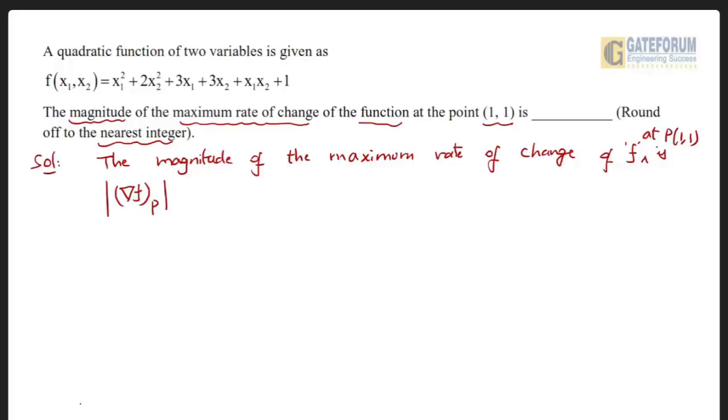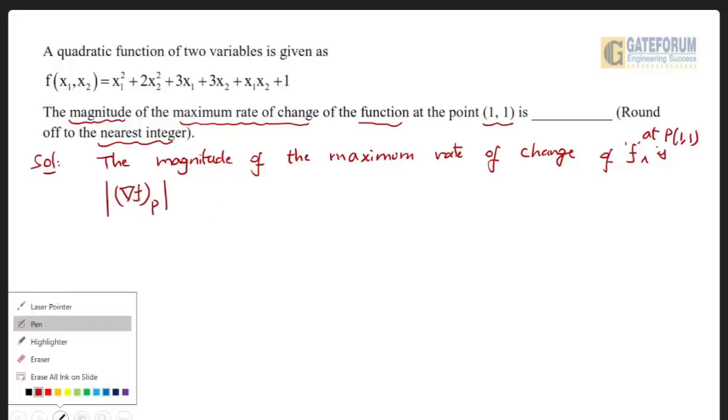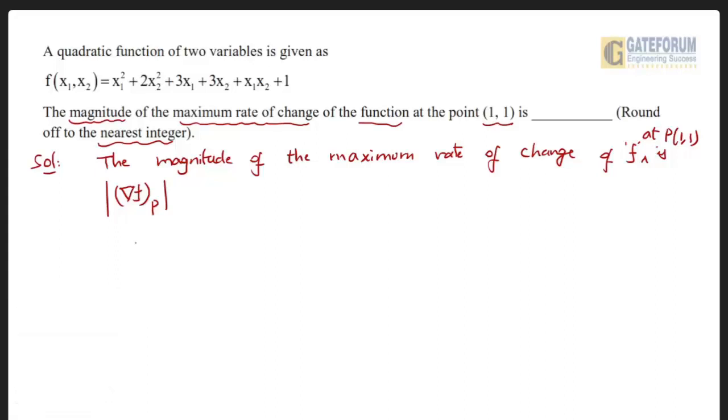Now see, f is a function of 2 variables, the 2 independent variables x1, x2. So del f is equal to i cap dou f by dou x1 plus j cap dou f by dou x2.